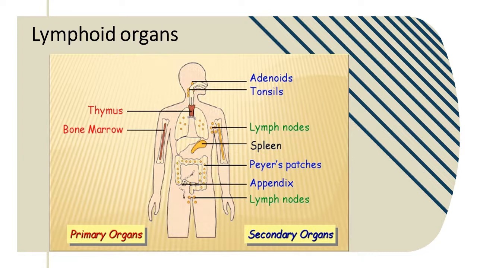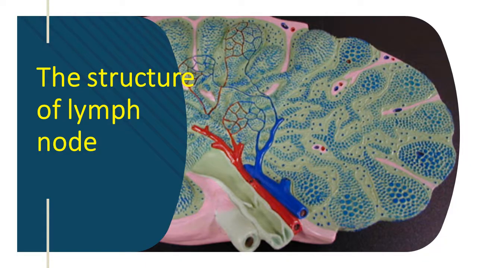The secondary lymphoid organs in which specific immune responses are generated are the lymph nodes, spleen, and mucosal associated lymphoid tissue, such as the appendix, Peyer's patches in the submucosa of the intestine, as well as the tonsils and adenoids in the pharynx. In the coming few slides, I'll try to talk about the main structure of the lymph nodes in more details.